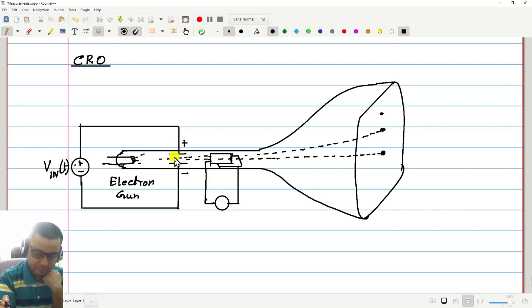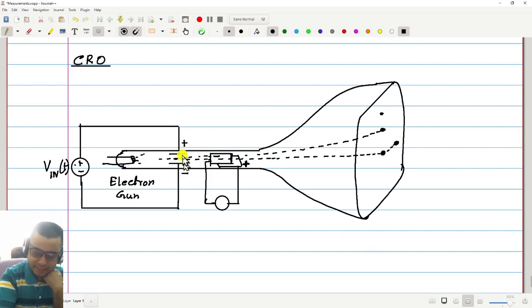In the same way, if we apply a voltage between these two plates, suppose I apply plus voltage on that plate and minus on this plate, then the electrons will again be deflected by these two electrodes, but now it will deflect towards the right side. Not upwards, but towards the right side, and the glow will shift somewhere to this point.